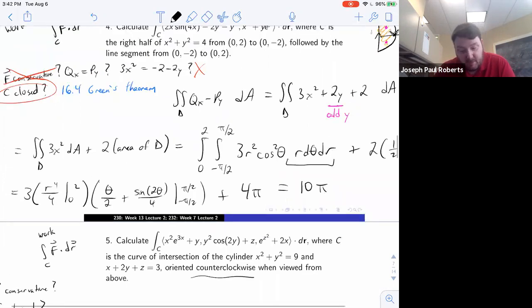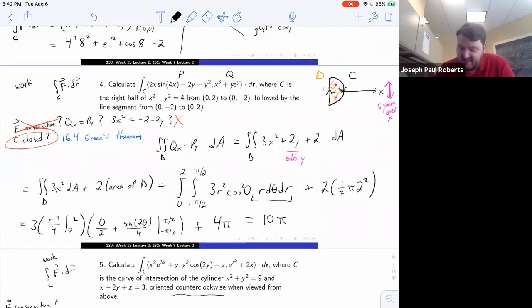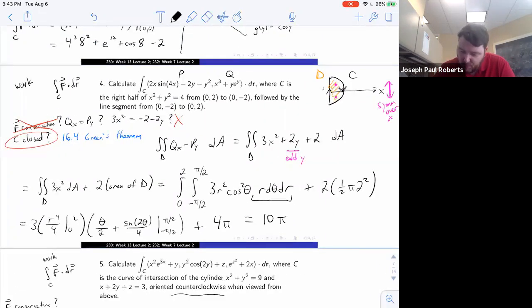And actually, I just realized that I got this previous one wrong ever so slightly. This was clockwise, which meant that Green's theorem comes with a factor of -1.